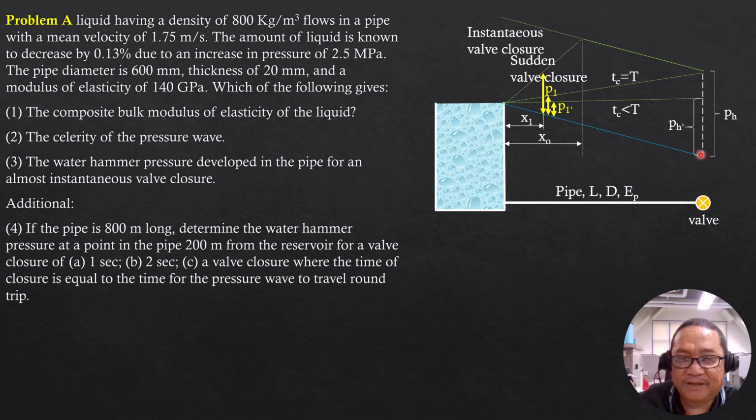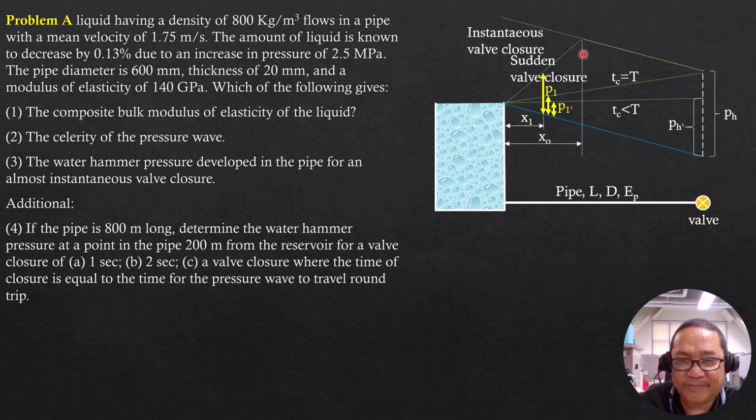Then for the case where we have sudden valve closure, this maximum water hammer pressure at the valve will extend for a certain distance before it drops almost linearly, that's the theoretical assumption, back to normal at the reservoir.